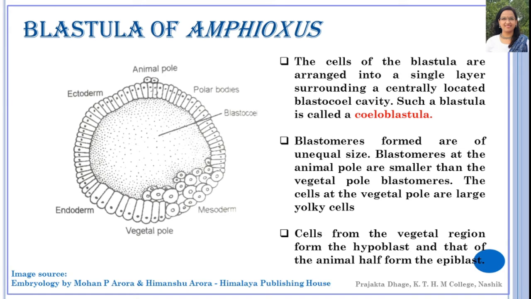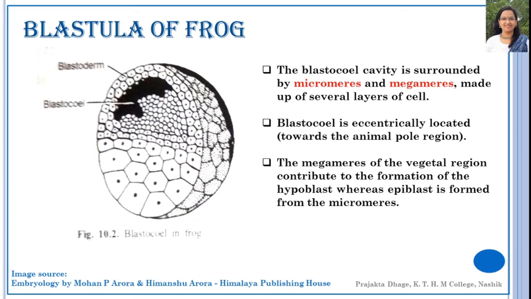Now let's move ahead with the blastula of amphibians, and the example that we are going to deal with is frog. In frog there is a large amount of yolk present. So the blastomeres at the end of the cleavage show a clear-cut difference in size.